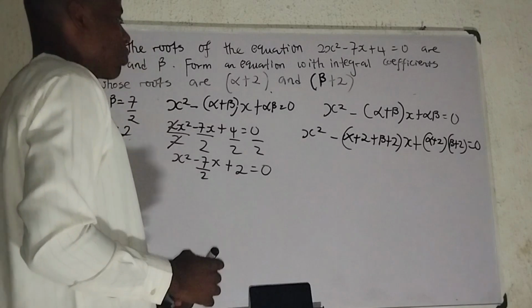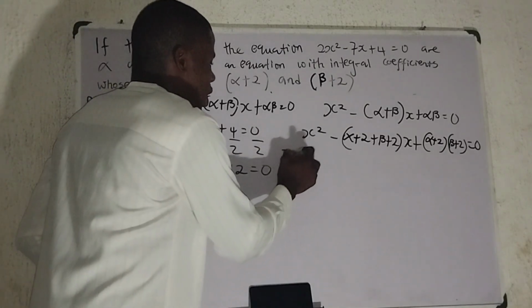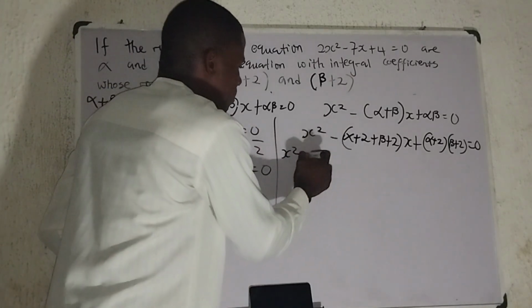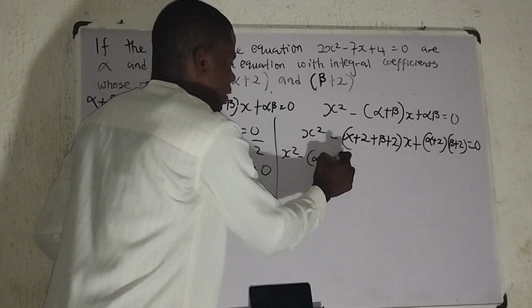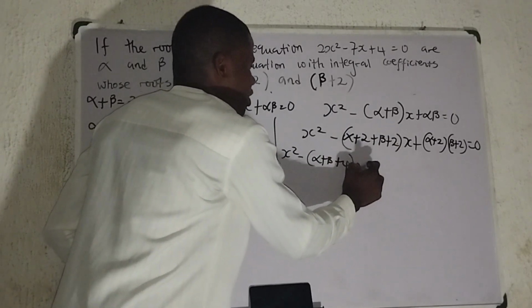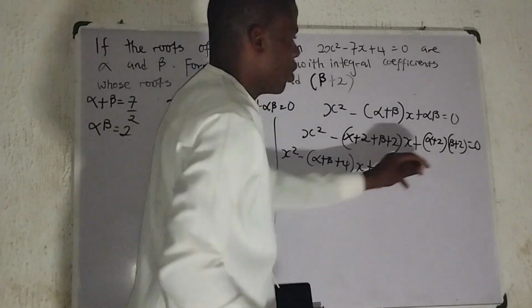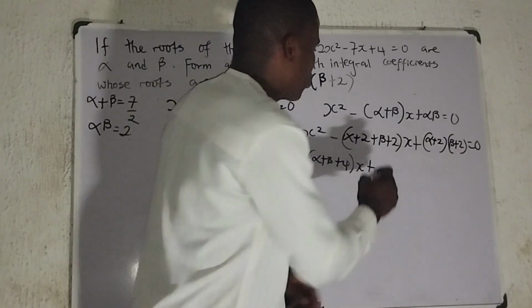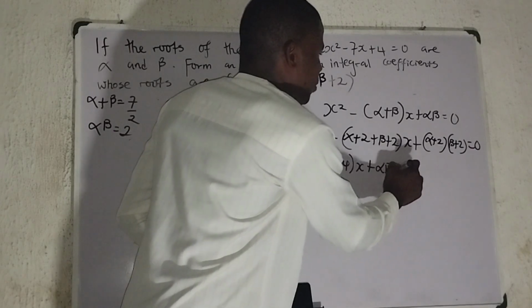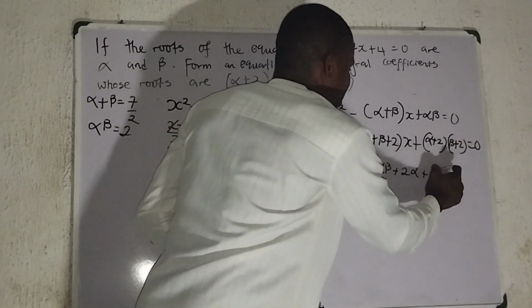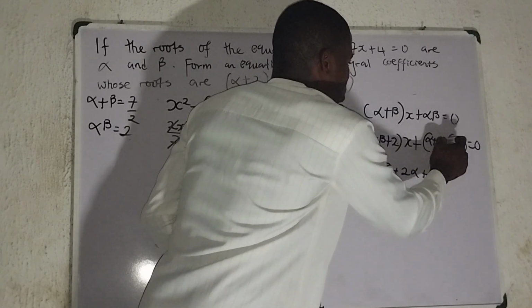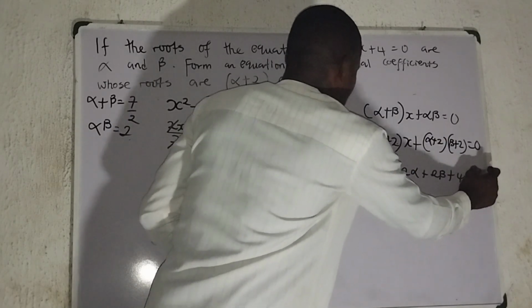It is from here that we get our answer. So I have x squared minus, now 2 plus 2 is 4, so minus (alpha plus beta plus 4) x plus, opening the bracket, alpha times beta is alpha beta, plus alpha times 2 is 2 alpha, plus 2 times beta is 2 beta, plus 2 times 2 is 4, equals 0.